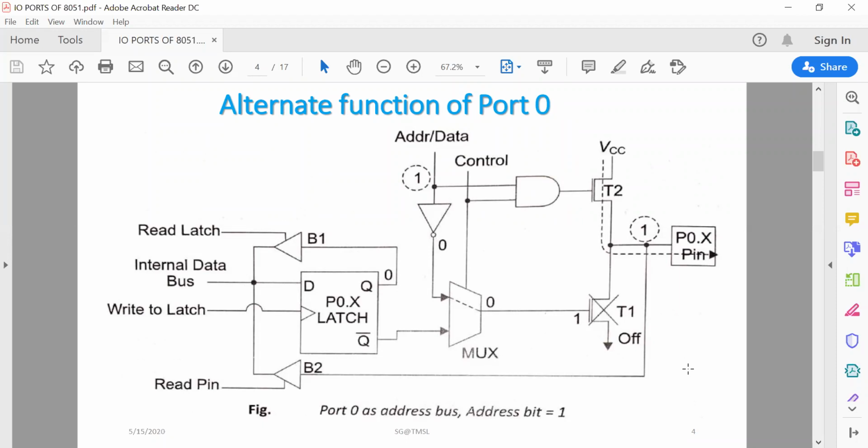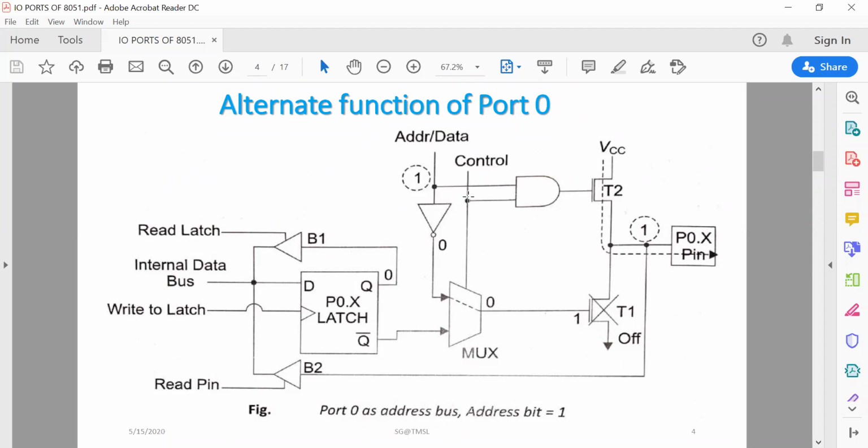When P0 is used as an address bus, the internal control signal connects the address and data line to the gate of T1 using this mux, and the logic 1 on the address bit will turn on T2. If it is 1, it will turn on.